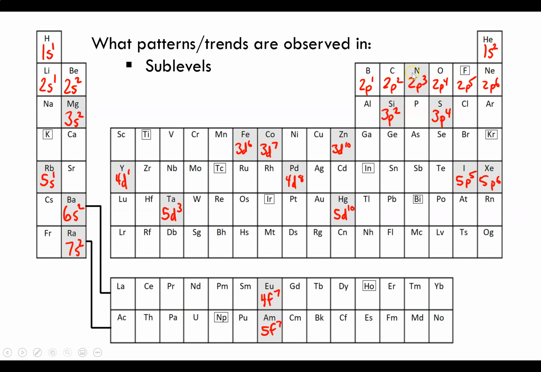Your p's clump together, your d's, your f's, so maybe you picked up on that. If you see what happens as we go across the period, and periods are these horizontal rows, an electron gets added in, and your s and p sublevels have the same principal energy number.